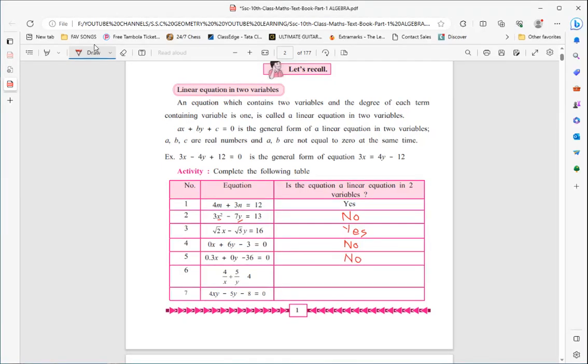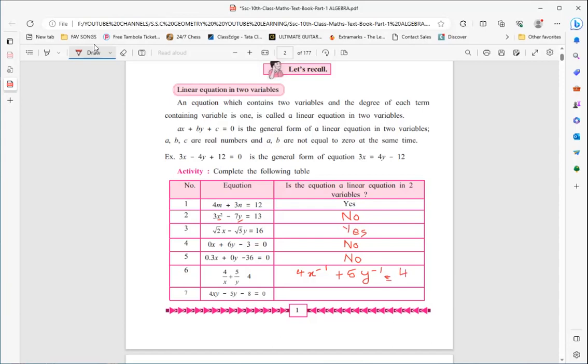What about this one? 4 upon x plus 5 upon y equal to 4. The variables x and y are there, but the problem is 4 upon x plus 5 upon y. This becomes 4x raised to minus 1 plus 5y raised to minus 1 equal to 4.